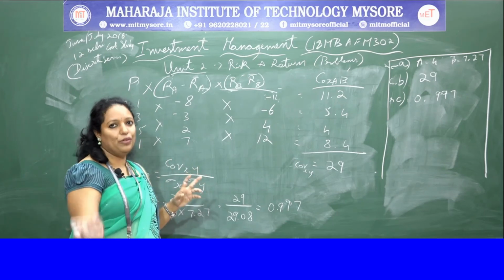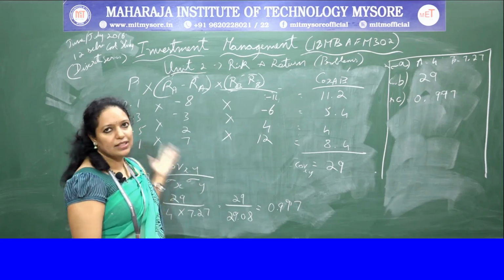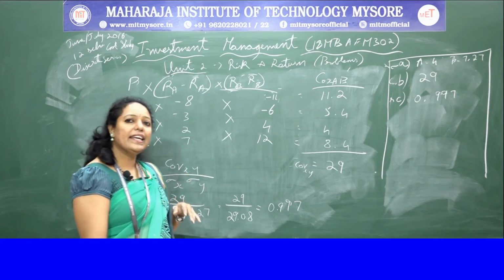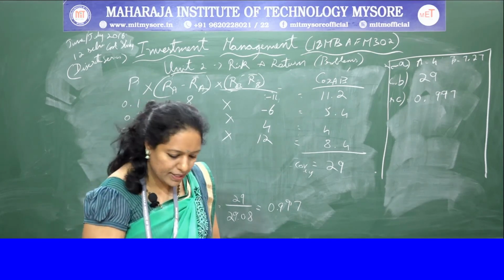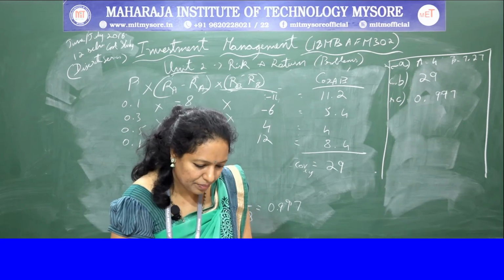If they ask the portfolio combination, use the same formula as the previous one, you just have to substitute the values. In this problem, they have not asked. In case they ask, for example, the same paper is repeated in July 2007.